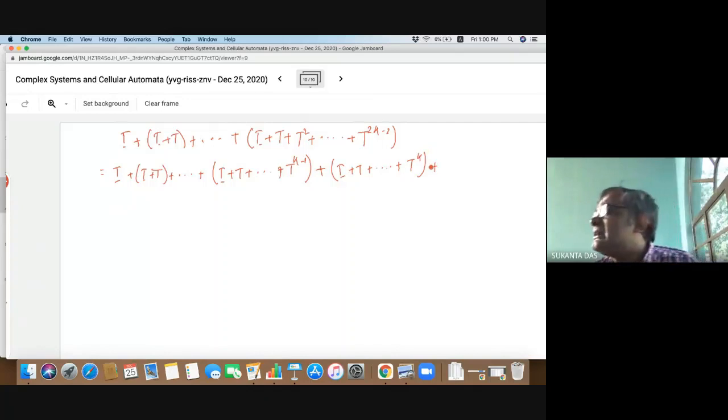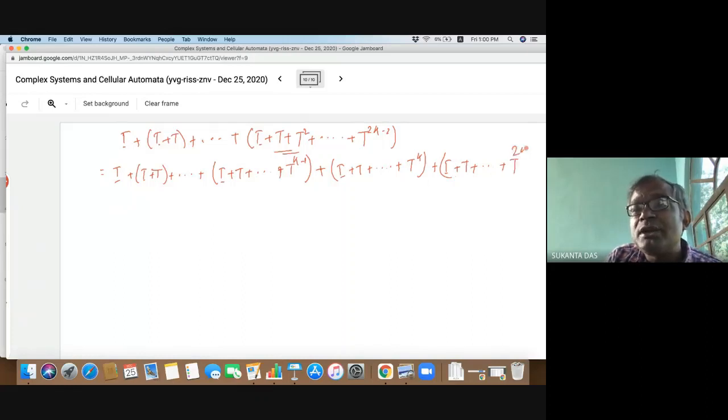Again plus the rest of this part will come here, t plus dot to the power 2k minus 2. Now this part is again 0. That I have assumed. I mean, that I know.